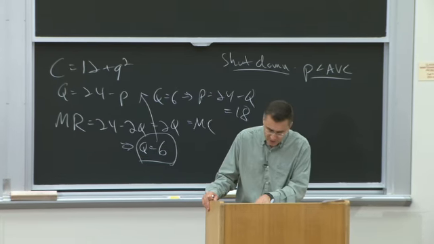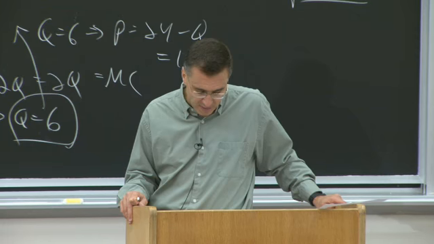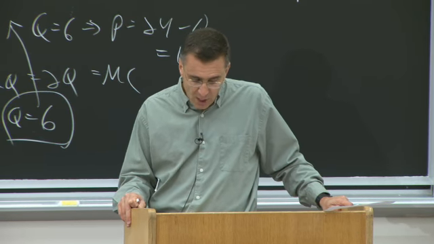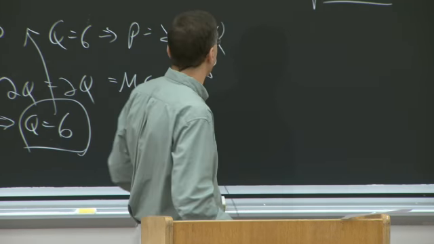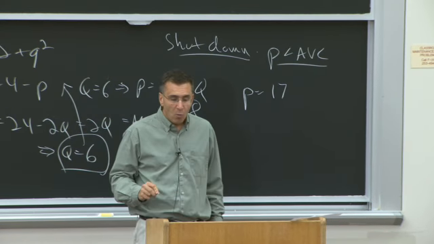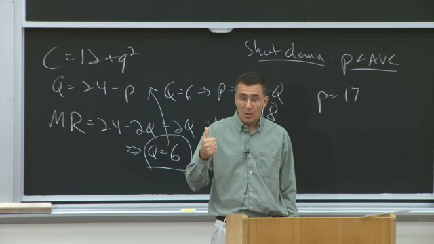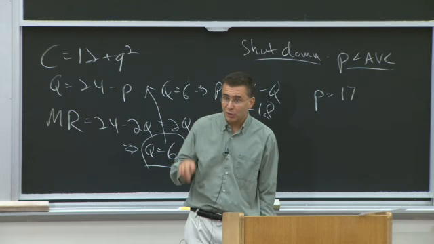To sell a 7th unit, they'd have to have a price of 17. They'd sell one more unit at 17, that'd be good. But they'd lose $1 on the previous 6 units, which is bad.